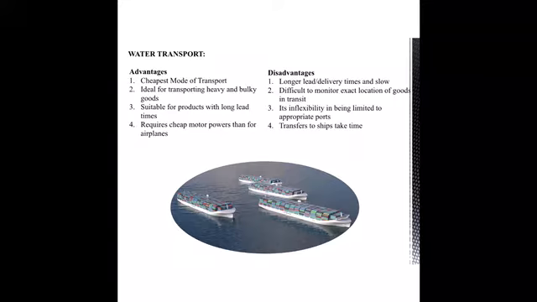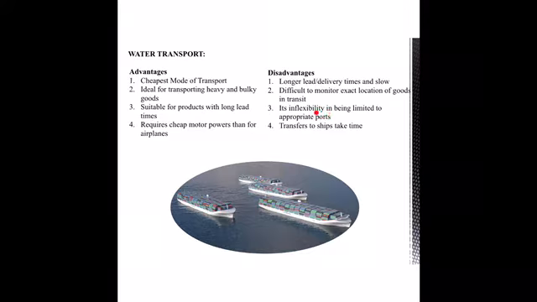And the disadvantages: it is the cheapest, but also the slowest mode of transportation, and it requires longer delivery times. Within the sea or ocean, it is also not possible to track the exact location. Anyway, technology has now developed, and it is possible for us to track the location of ships during transit.